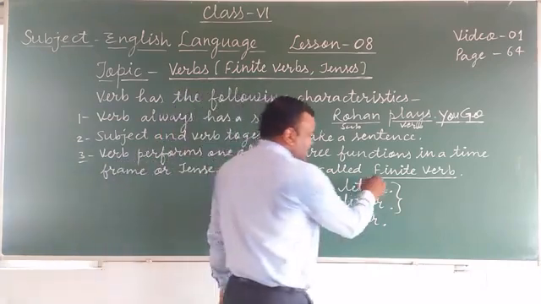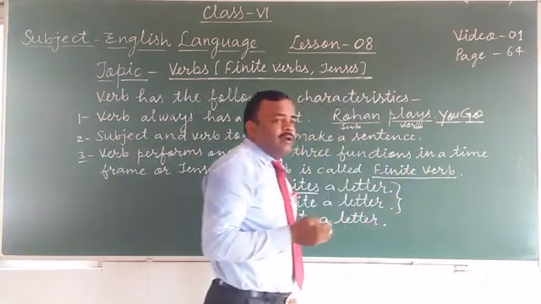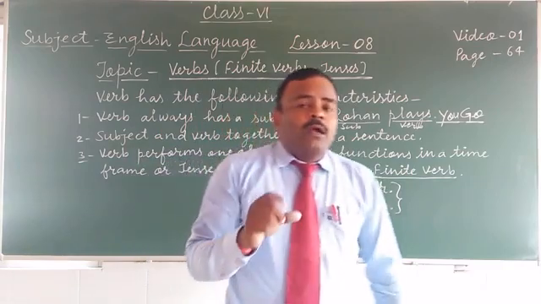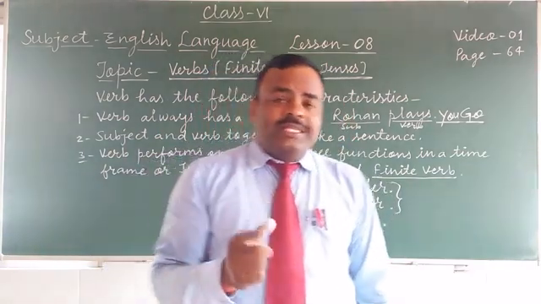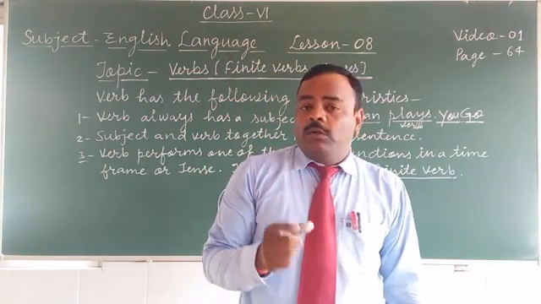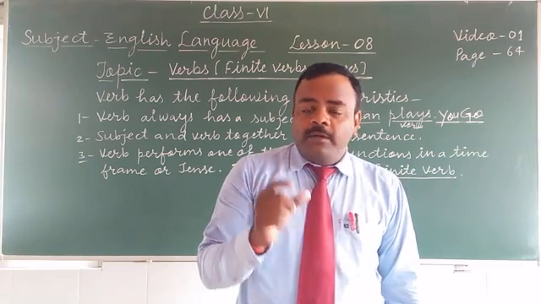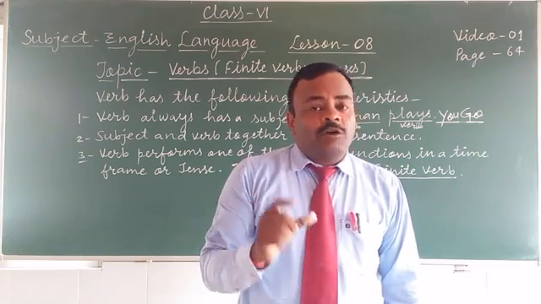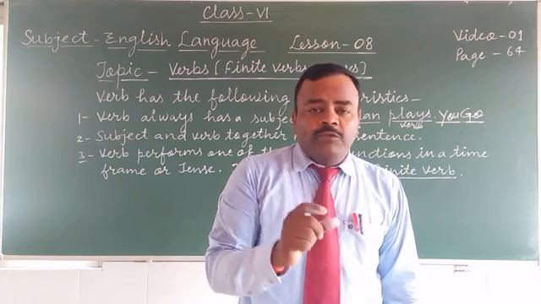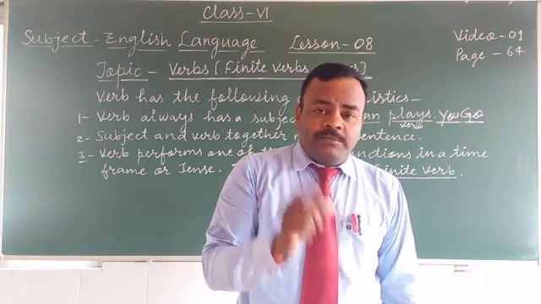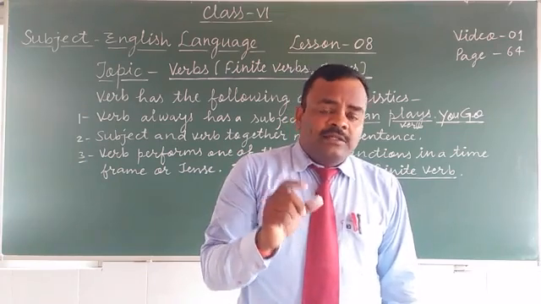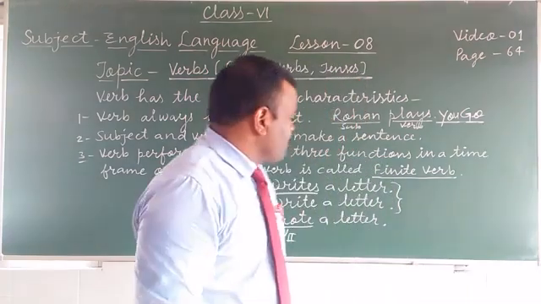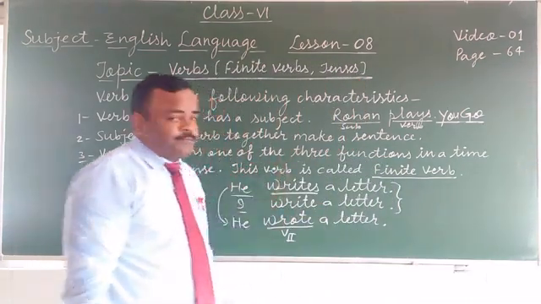So this is the finite verb, means you can define it, the verb which changes according to the number, person of the subject and tense of the sentence. Okay? So it is called finite.